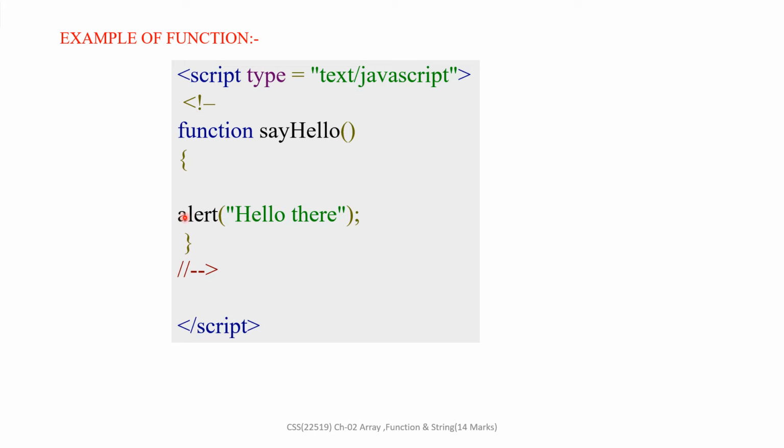Means alert prints the message, and hello there will be printed on the output. This is the closing curly bracket, and this is the end of the script tag. The following example defines a function called sayHello that takes no parameters.